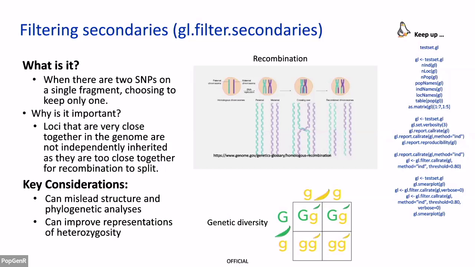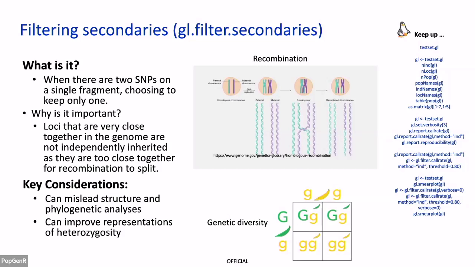If it's within a population, that's still real, genuine diversity that the population has. And I would argue that you probably don't want to remove secondaries where the diversity is a result of fertilization instead of recombination. Does that kind of make sense?